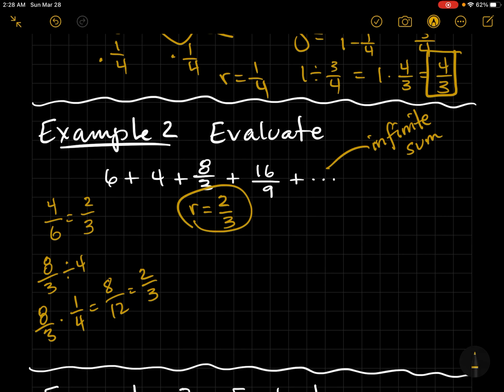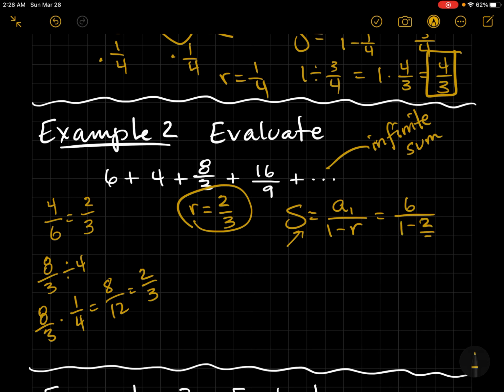Okay, so now we can use our formula. S equals A1 over 1 minus R. Notice there's no N there because there's no number. It goes to forever. So A1 is 6. The ratio is 2/3.